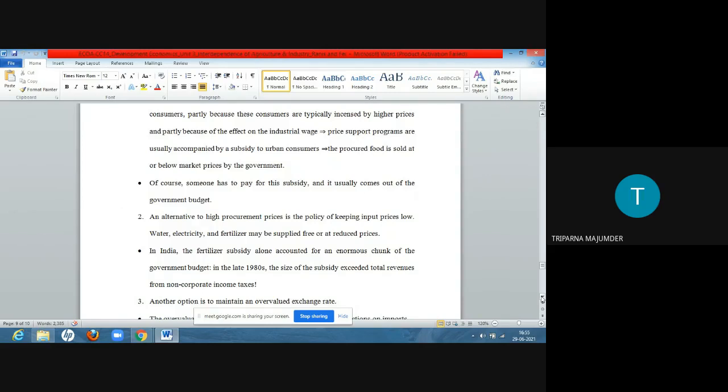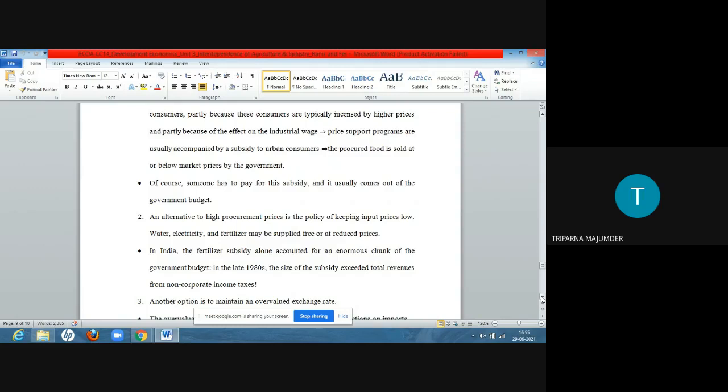An alternative to a high procurement price is the policy of keeping input prices low. That is, water, electricity, and fertilizer may be supplied free or at reduced prices. In India, the fertilizer subsidy alone accounted for an enormous chunk of the government budget.